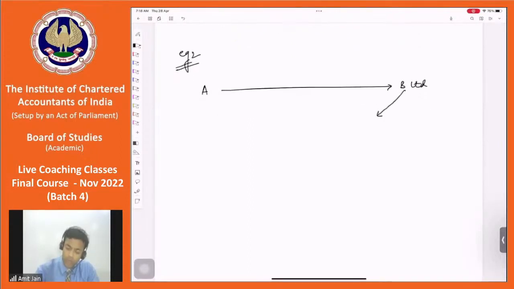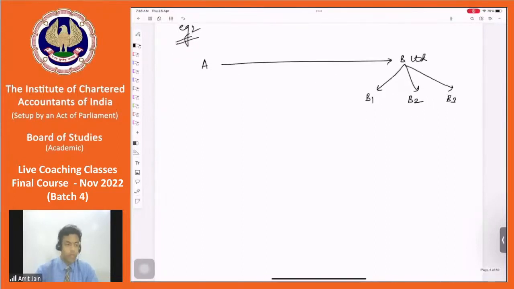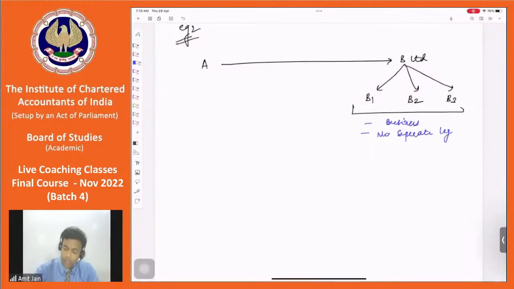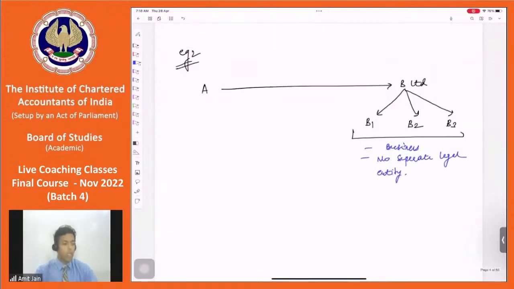In this case, B Limited has businesses: business 1, business 2, business 3. These are businesses, not separate legal entities.